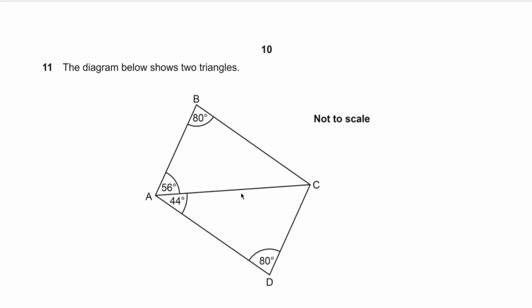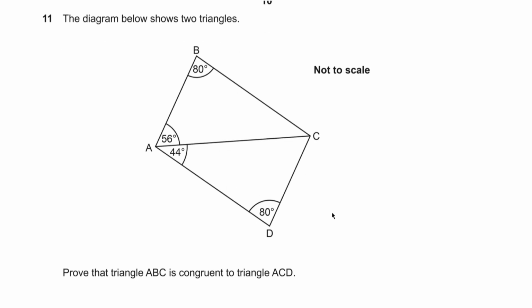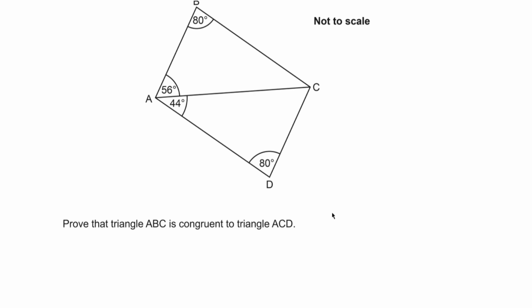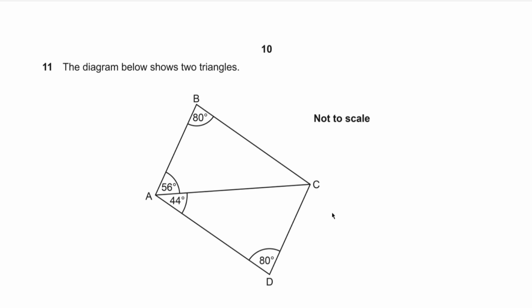Question number 11. The diagram below shows two triangles. We have to prove that triangle ABC is congruent to the triangle ACD. So the first thing we can do is find out these missing angles. We can begin by finding the angle BCA, which is this angle here.